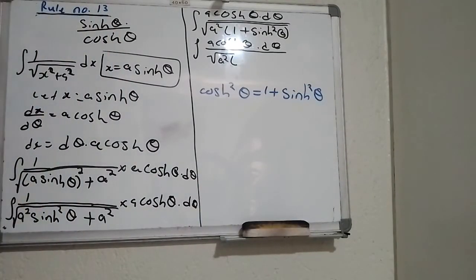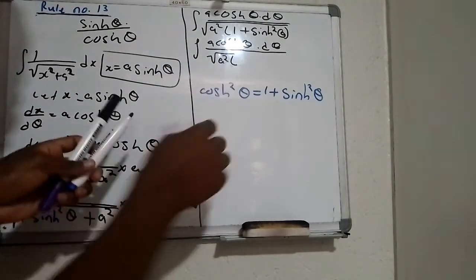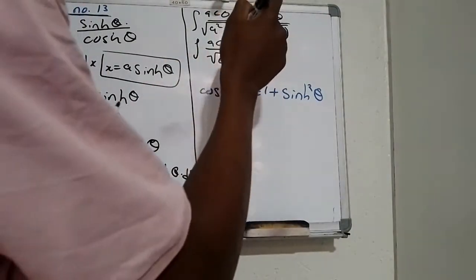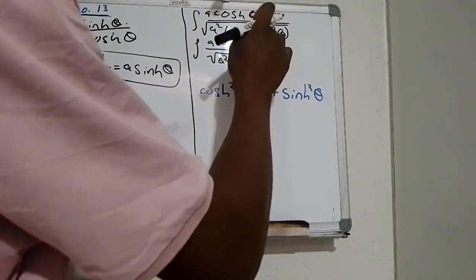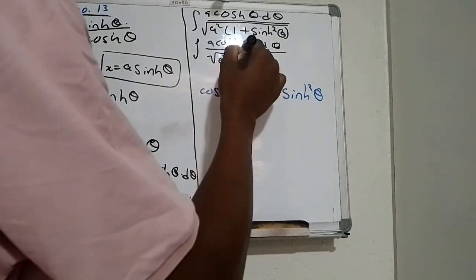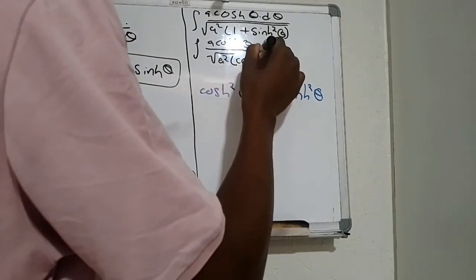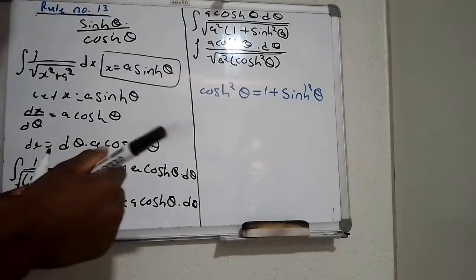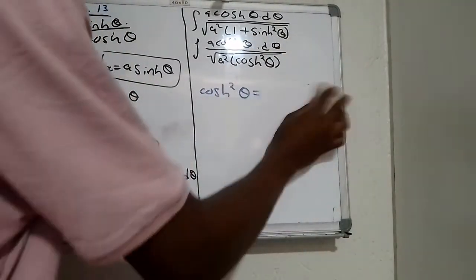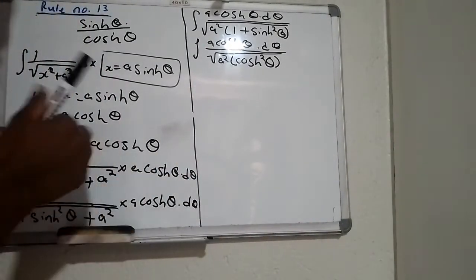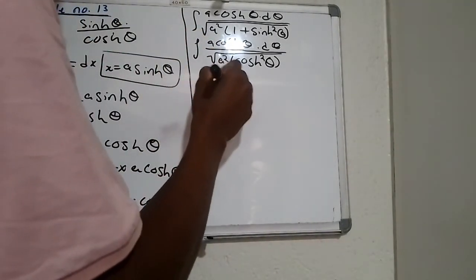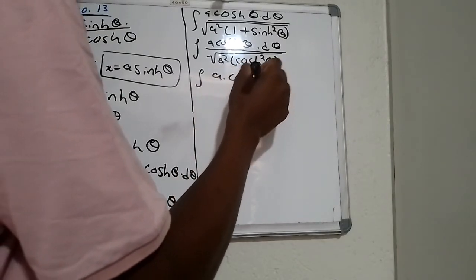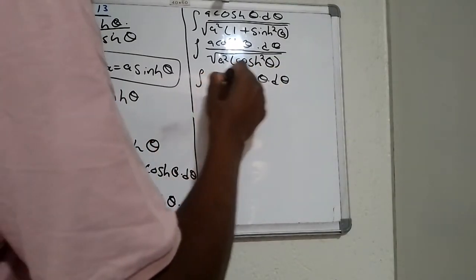So instead of 1 plus hyperbolic sine squared theta, I'll just say hyperbolic cos squared theta. Now I'll have the integral of a hyperbolic cos of theta d theta over the square root of a squared hyperbolic cos squared theta.